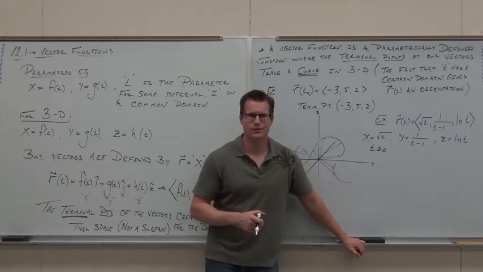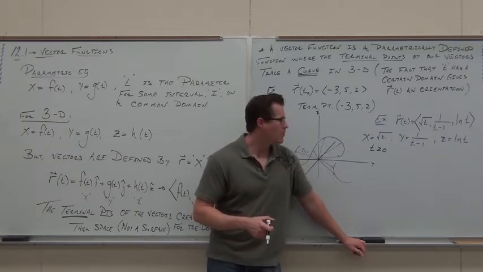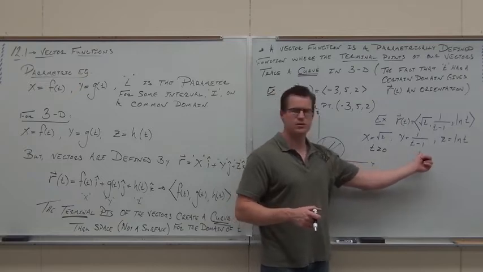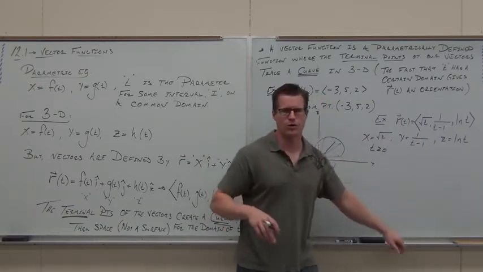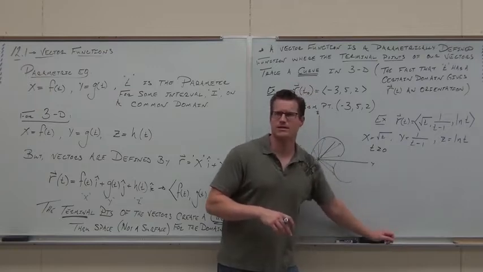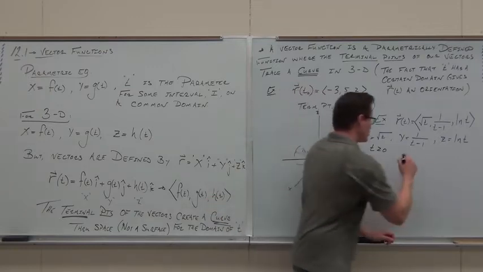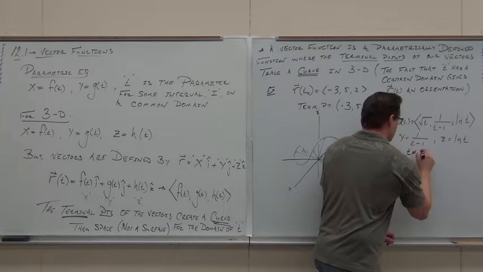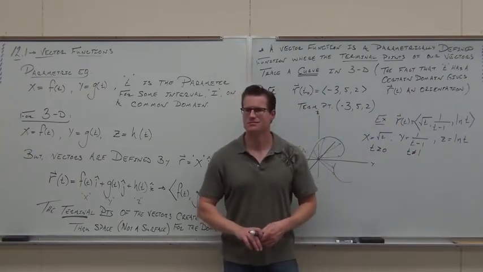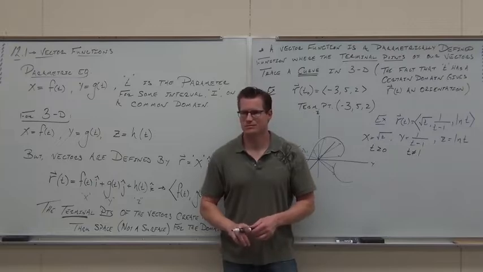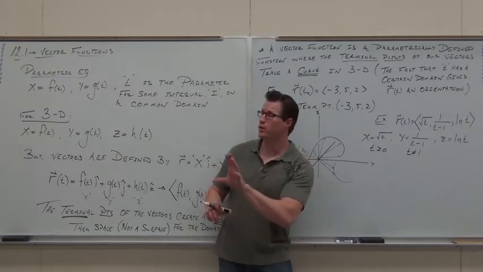We know we can't have negatives in there. 0 is fine, though. How about here? What's the domain for the y coordinate or y component? What can't t be? Sure. Anything else is fine for that one component.